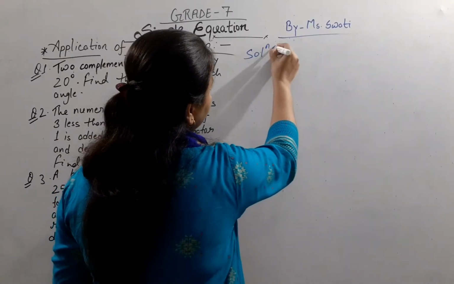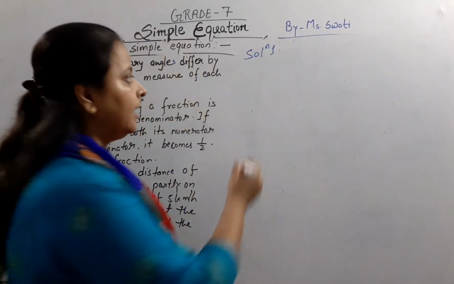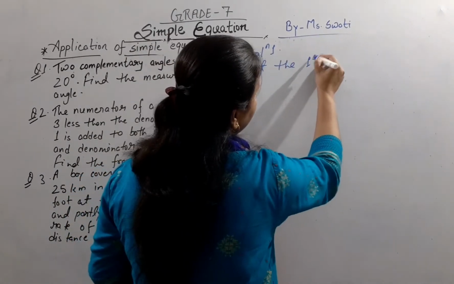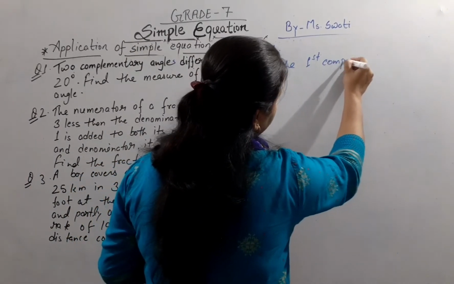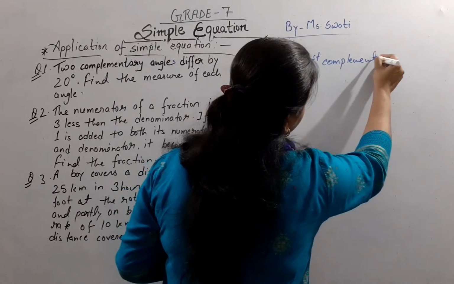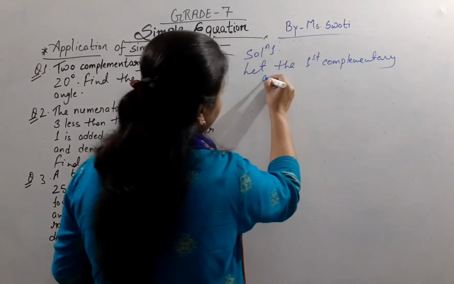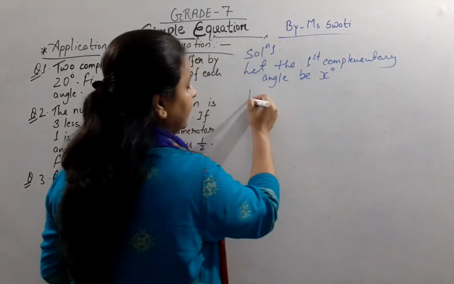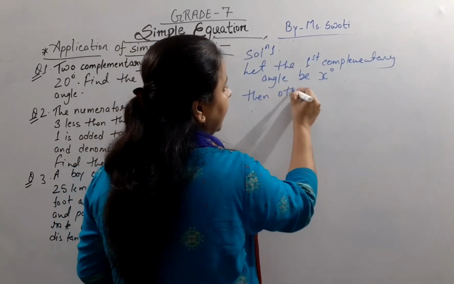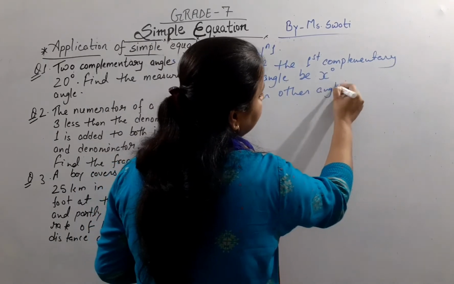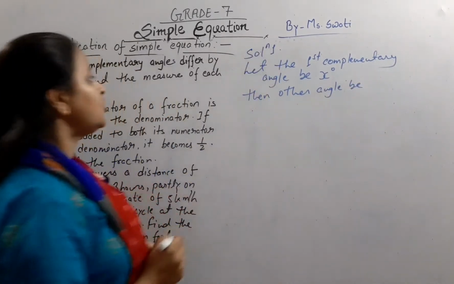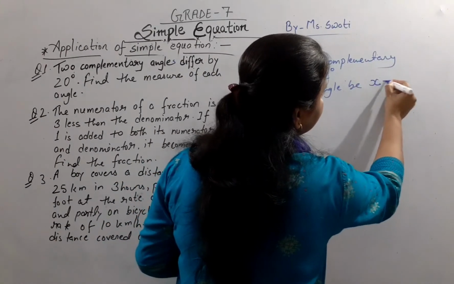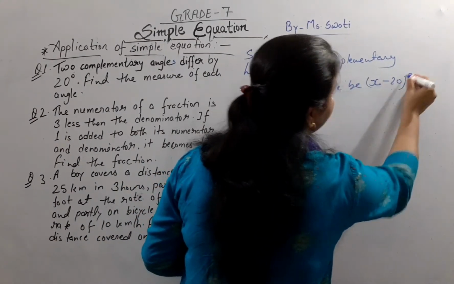So here we start the solution of the first question. Let the first complementary angle be x degrees, then the other angle, since the difference of the complementary angles is 20 degrees, is x minus 20 degrees.